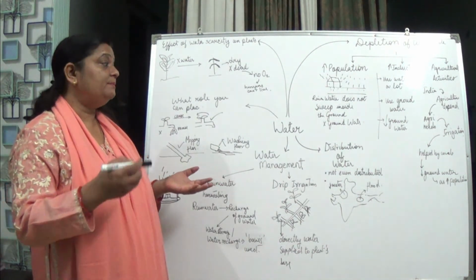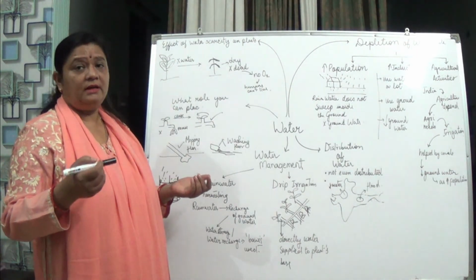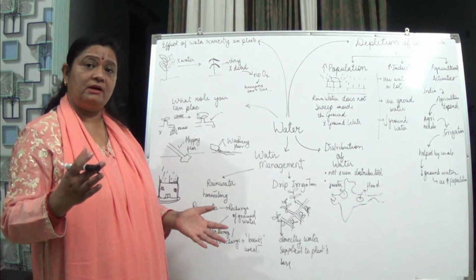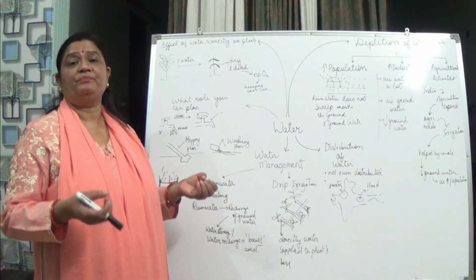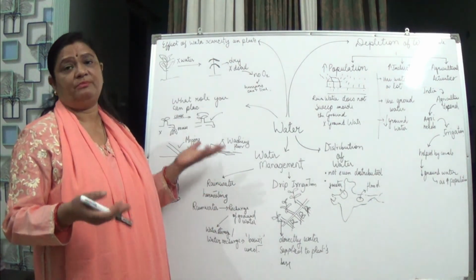So this depletion of water, the decreasing of the water table, is quite an alarming thing, isn't it? So water management should be done, and if it is not done, if the plants are not getting water, it will affect our life, the animals' life, the plants' life.